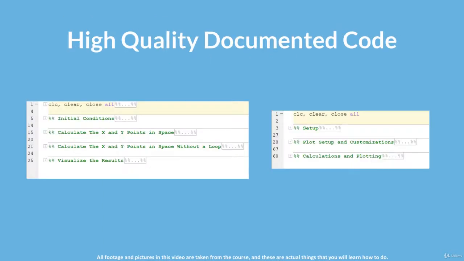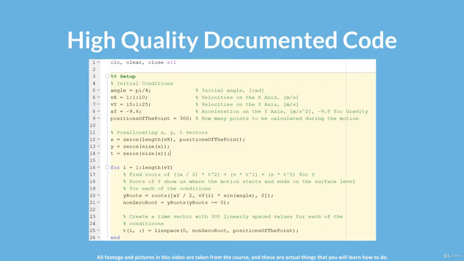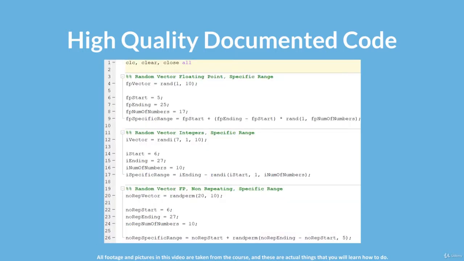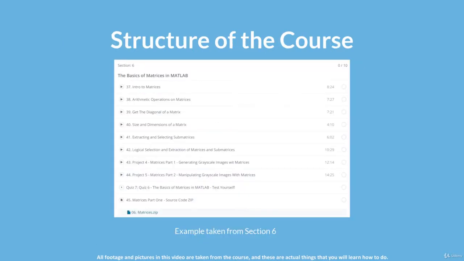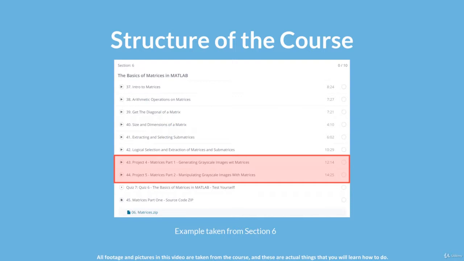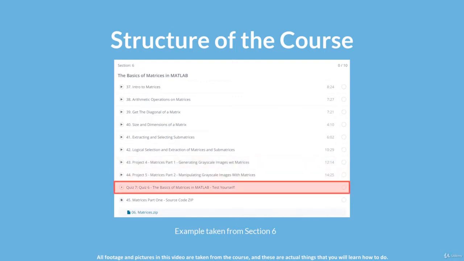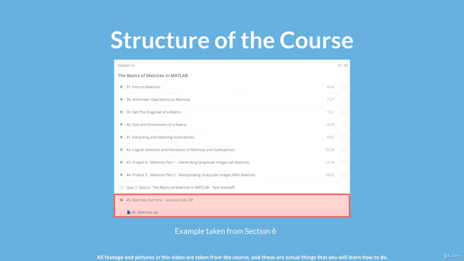There is a very strong emphasis on writing high quality code, documenting your code, and good programming practices throughout the course. Each section in the course contains a project to practice what was already learned and learn something new while practicing what you already knew, a quiz to test your knowledge of each section, and source code files so that you can review the code that I have written during the lectures and experiment with it.